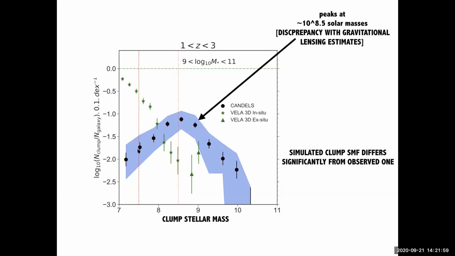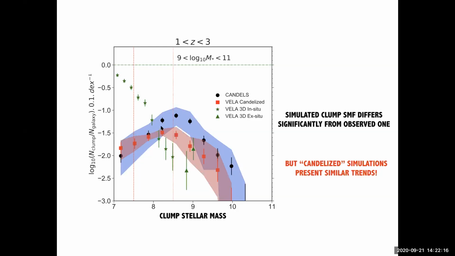Now you might wonder, is this then observational effects? So what you can do is take the simulation, make mock observations, and create mock HST imaging. Then we run our pipeline exactly as we did in CANDELS, but on the Vela CANDELized data, as we call it. And this is what you get. You see you get much closer now.